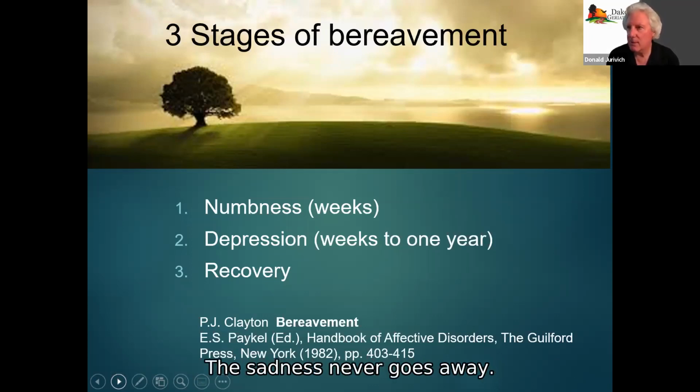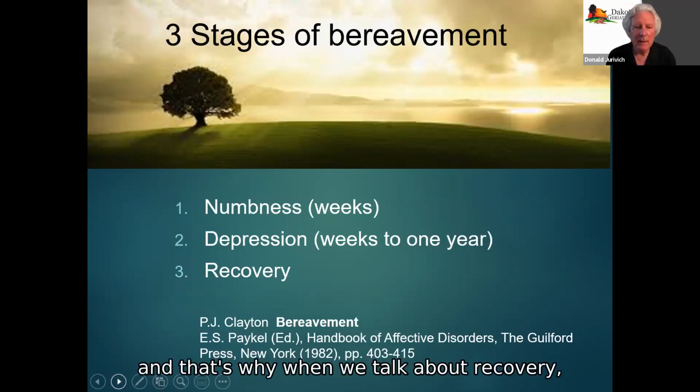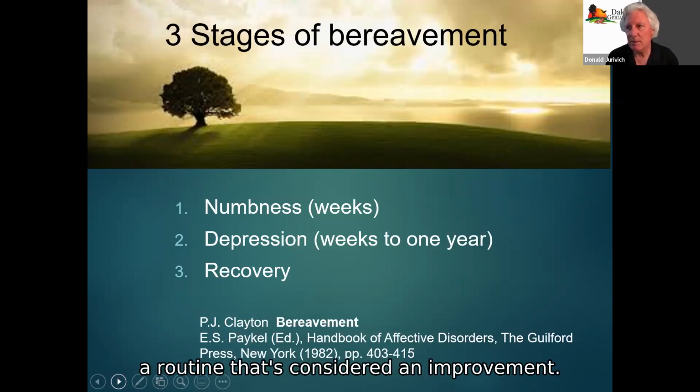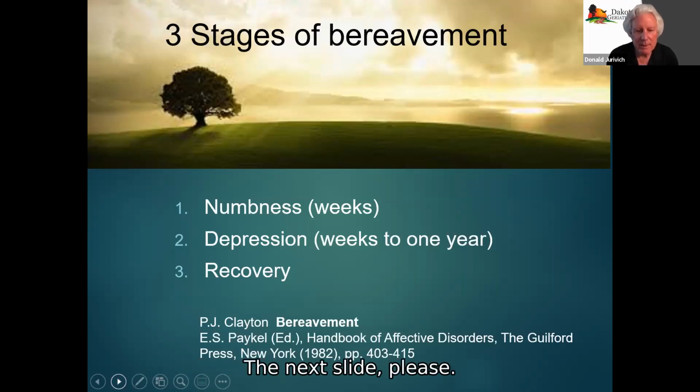The sadness never goes away. It's always going to be there. It's just a matter of how much it influences your functionality. So I think that's the key thing. And that's where we talk about recovery, that the person is getting back to some semblance of a routine. And so that's considered an improvement. Okay, next slide, please.